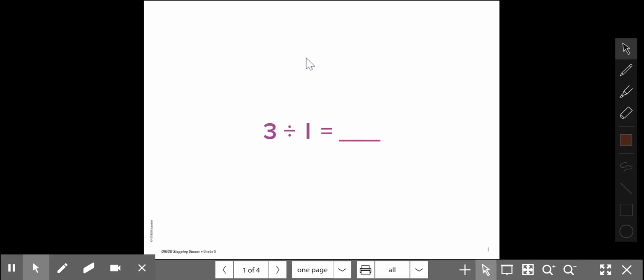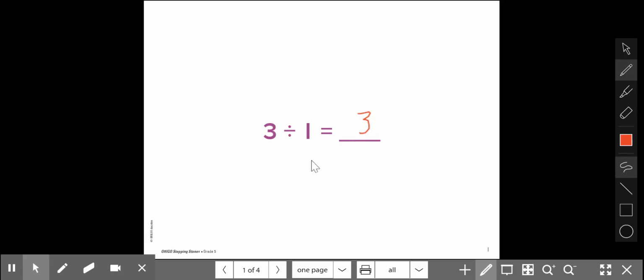This slide looks maybe a little bit ridiculous for fifth grade, but very simply, it asks us what's 3 divided by 1. As we hopefully are aware, 3 divided by 1 is simply going to be the number 3. And I want to point out that when you have to divide, you can look at this as a missing factor.